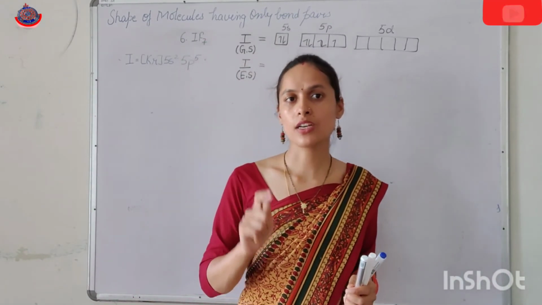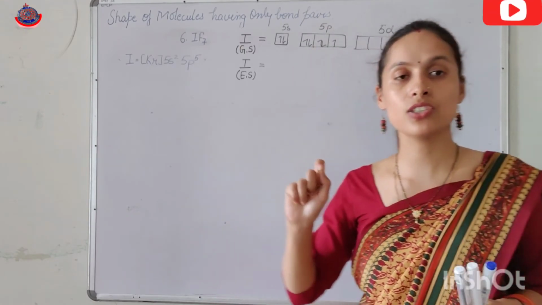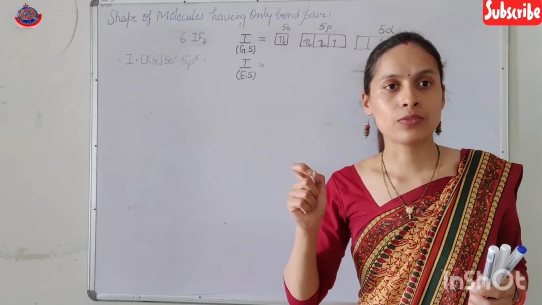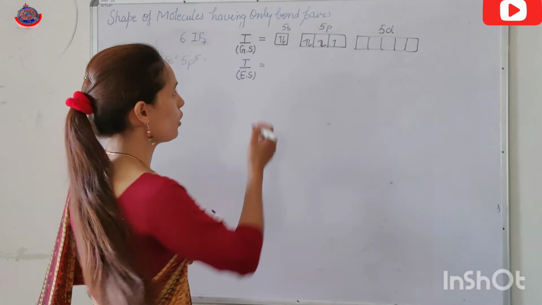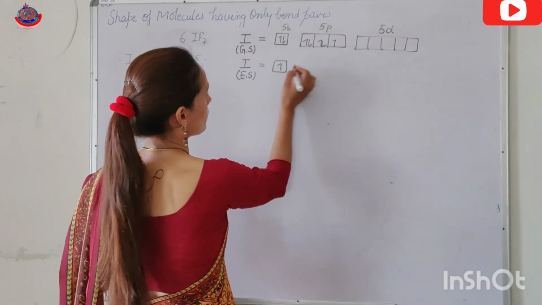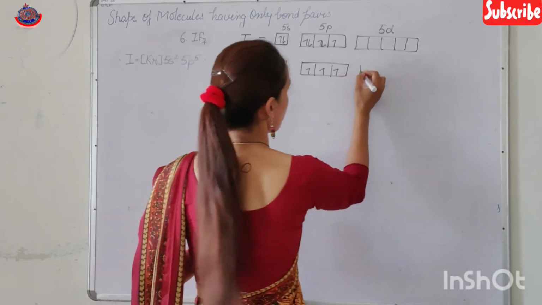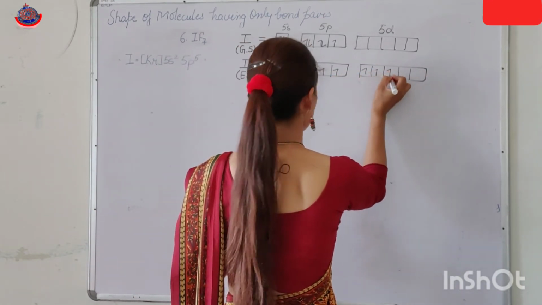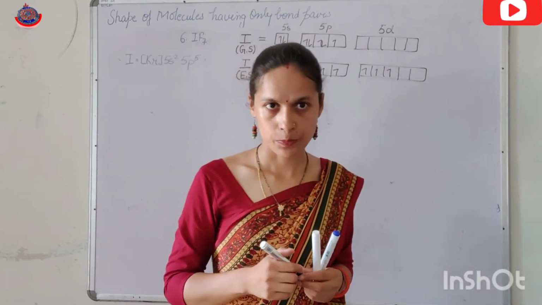It always occurs during the bond formation, because the energy required to excite the electron we get during the bond formation. So 5s1, 5p3 and 5d3.